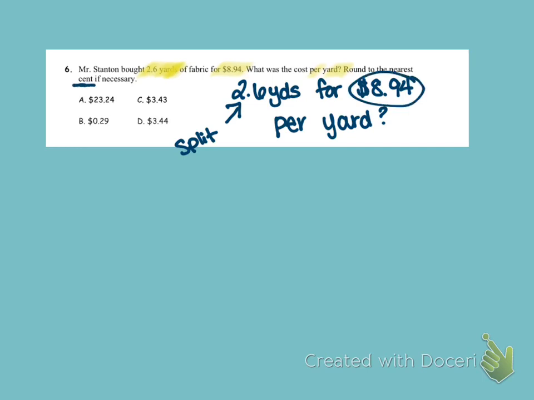So that means we're splitting this up. So that's going to go as our dividend. Therefore, we write it first. Our division. And then 2.6. I want you to move the decimal for this problem and press play when you have done that.